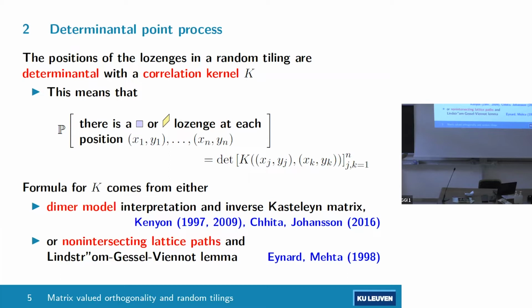That allows you to express the joint probability density function for having particles at these positions as a product of determinants. Then it was shown, in an even more general context, by Eynard and Mehta, that this gives rise to a determinantal point process, and they have a way to get the kernel.